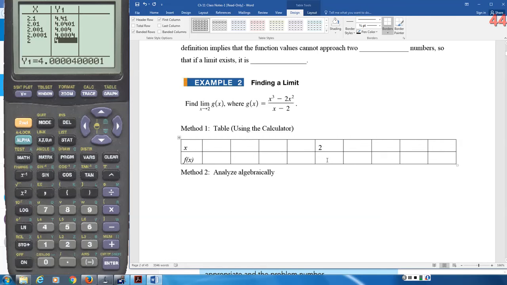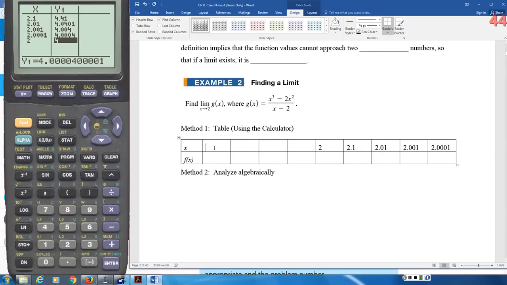And I'm not going to worry about what it comes out to be. So if I want a little more than 2, I want 2.1, 2.01, 2.001, 2.0001.